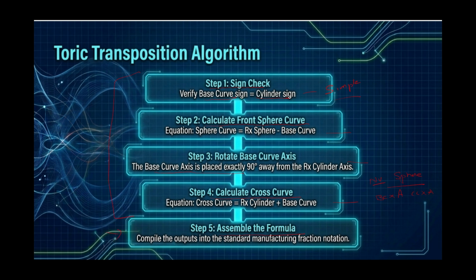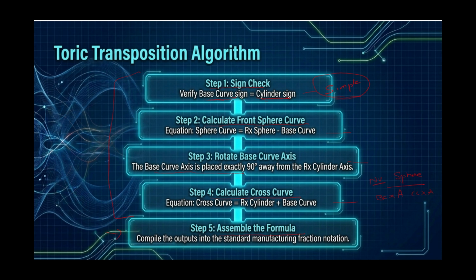So I'll reiterate. What is the first step? First step is to verify the sign of the base curve and the cylinder curve of the prescription. If both are the same, then no problem. If they are different, then we have to do a simple transposition to make both the base curve sign and the cylinder sign similar.